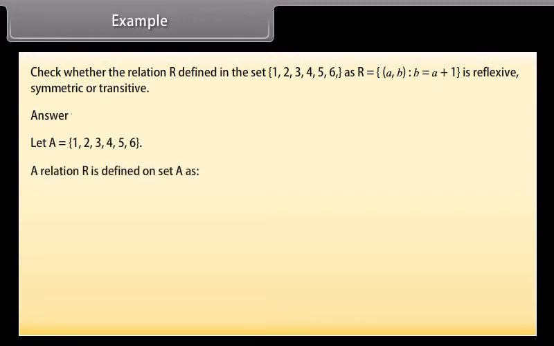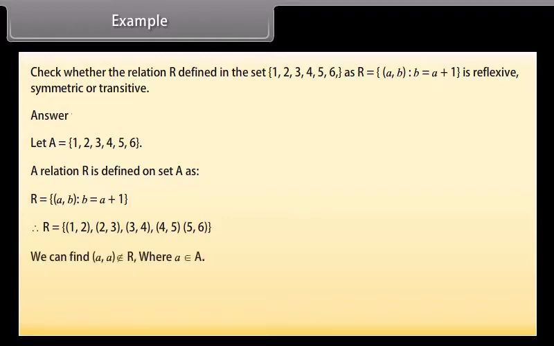A relation R is defined on the set A as R = {(a, b) such that b = a + 1}. Therefore, R = {(1, 2), (2, 3), (3, 4), (4, 5), (5, 6)}.